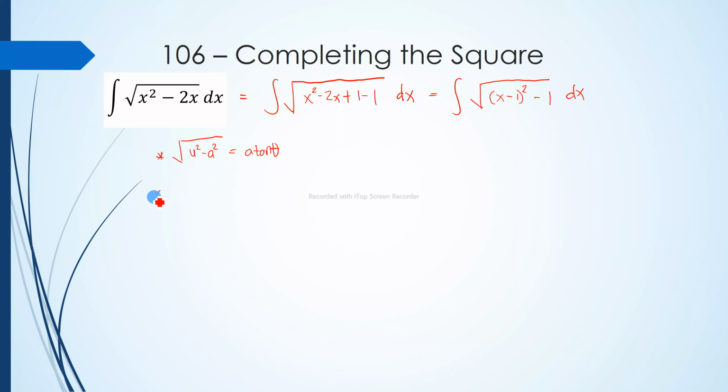Our u is x minus 1, and our a is just 1. So we will have a secant theta, or just secant theta. Our dx is just equal to secant theta tangent theta d theta.